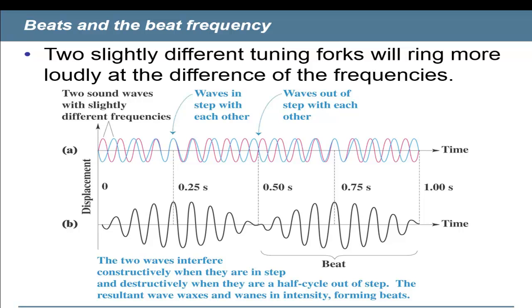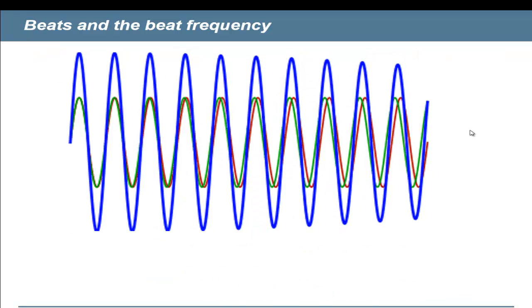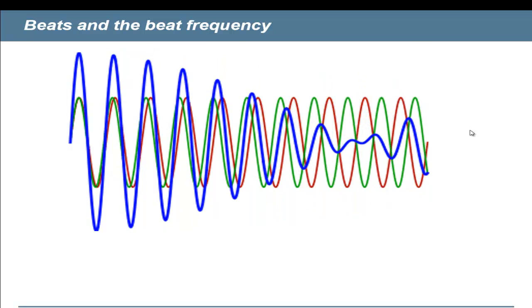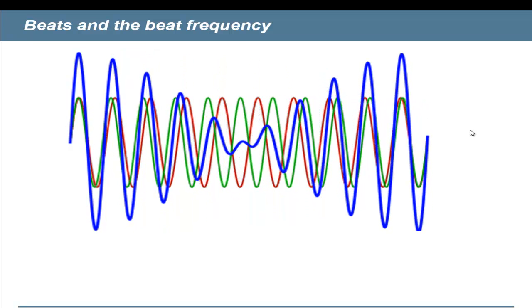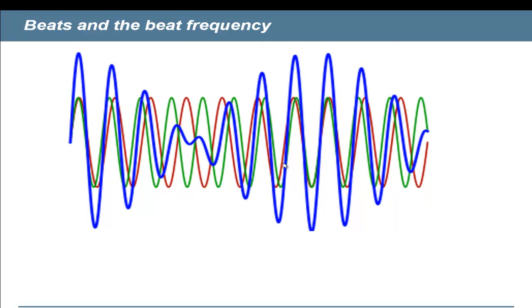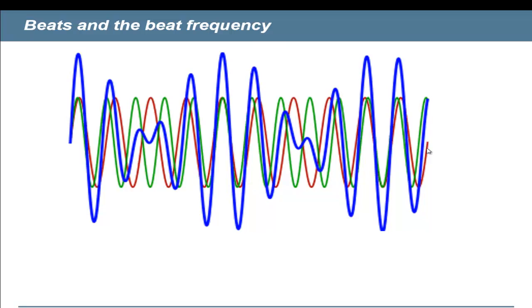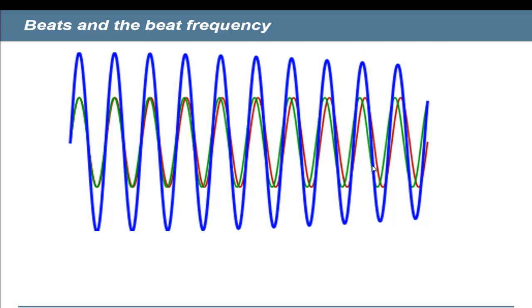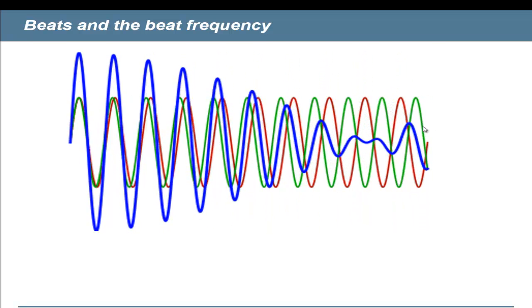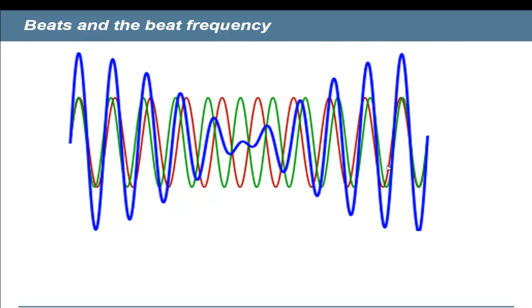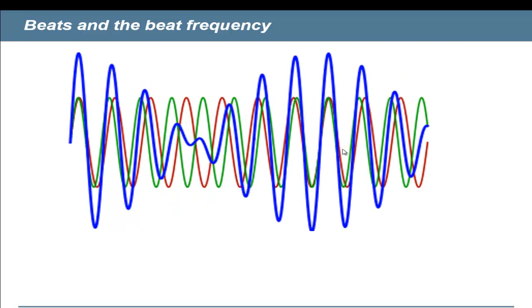But let's take a look at that. Actually, I think I said the red and green would move at the same time, but we'll leave the red stationary just to make it a little bit easier on you. So we just have another frequency moving on top of it because the frequencies are out of line.